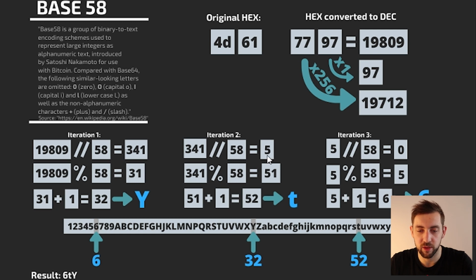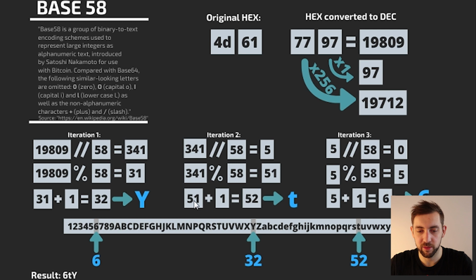If we divided with the comma, it would be like 5.8, 5.9, because the rest from the division is 51. Out of 58, it's like 0.8, 0.9. The second operation, modulo: we are taking 341 modulo 58, and the result is 51.